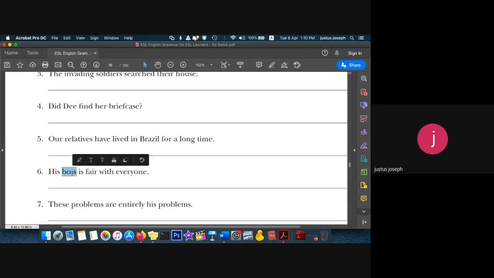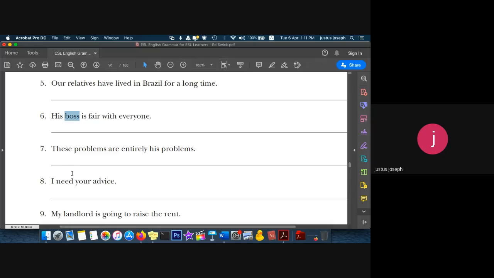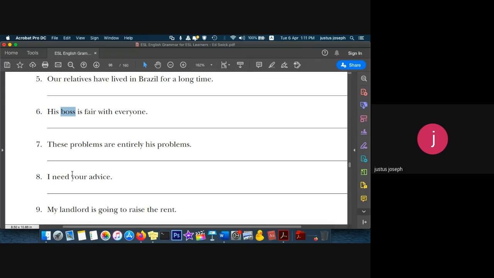Now, do we need this? No. His is fair with everyone. Again, the sentence does not make sense, but that's what they are asking us to change it into. These problems are entirely his problems. These problems are entirely his.